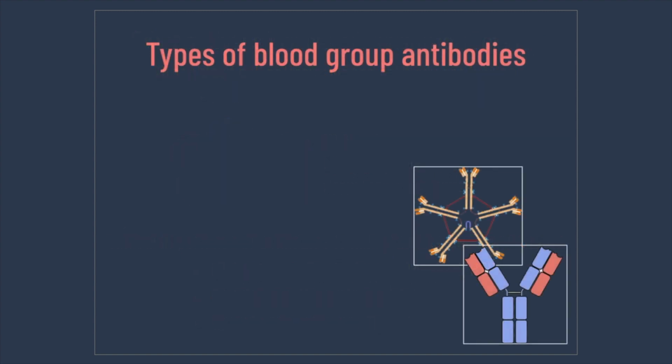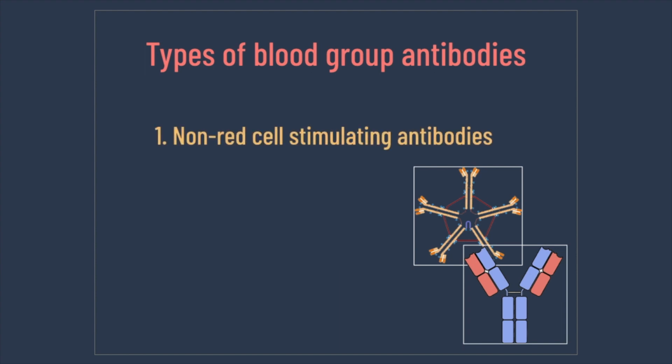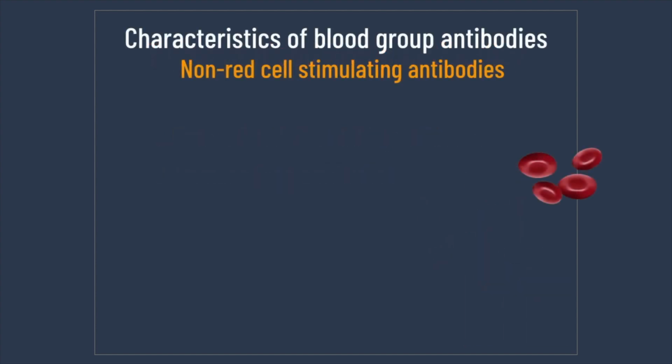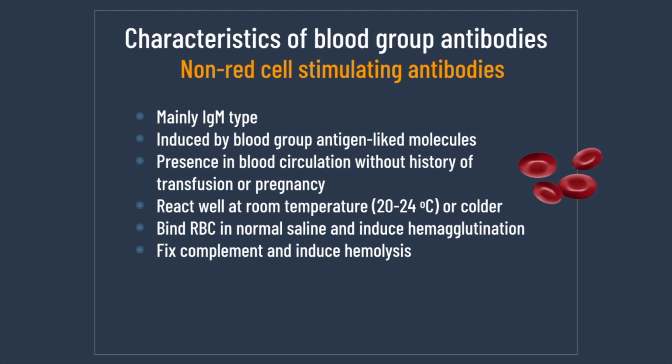Two types of blood group antibodies are defined: non-red cell stimulating antibodies and immune type antibodies. Typical characteristics of non-red cell stimulating antibodies include: mainly IgM type, induced by blood group antigen-like molecules, present in blood circulation without history of transfusion or pregnancy, react well at room temperature or colder, bind red blood cells in normal saline and induce hemagglutination, fix complement and induce hemolysis.